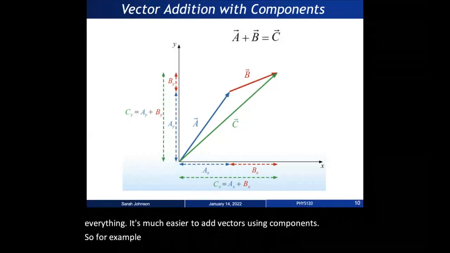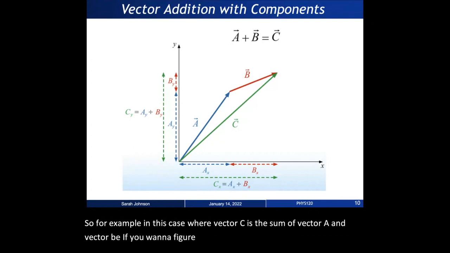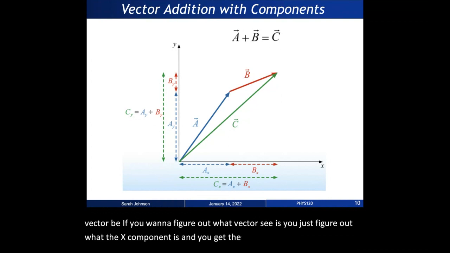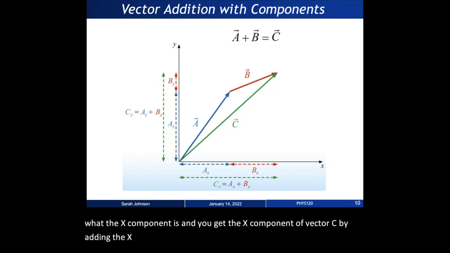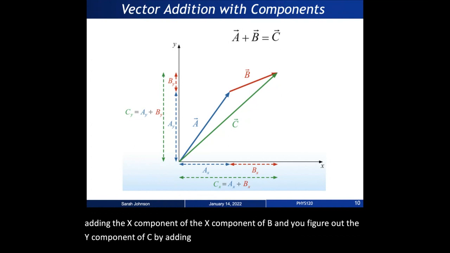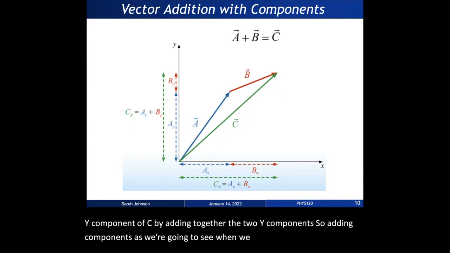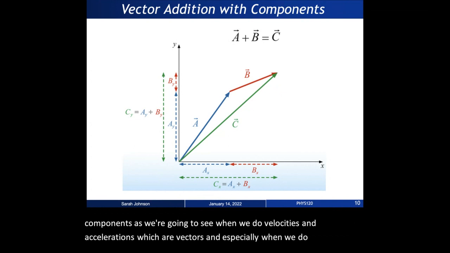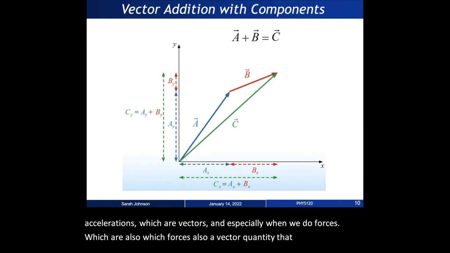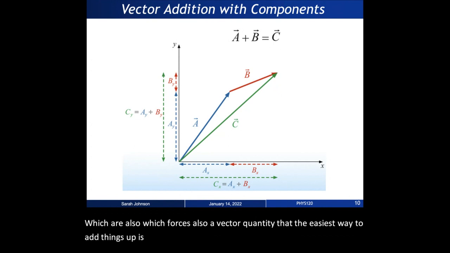For example, where vector C is the sum of vector A and vector B, you get the x component of C by adding the x component of A to the x component of B. And you figure out the y component of C by adding together the two y components. As we're going to see when we do velocities and accelerations, and especially forces, which are also vector quantities, the easiest way to add things up is to find the components and add them together.